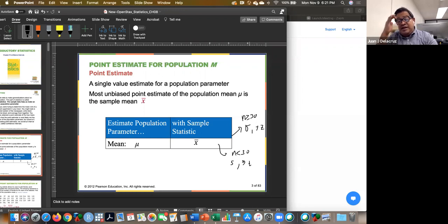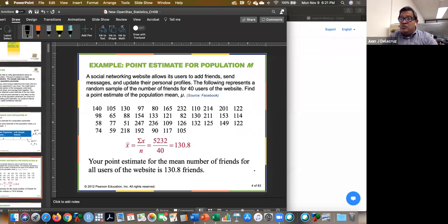So those are the two cases, big samples where sigma is known, or it can be a small sample. If we know sigma, we can approximate to the normal distribution. For the second, we have a sample lower than 30, and all we can do is to use the T distribution. So in these two cases, we are estimating the population mean.